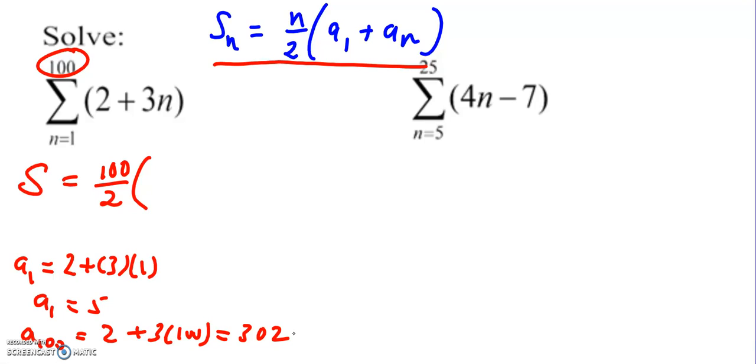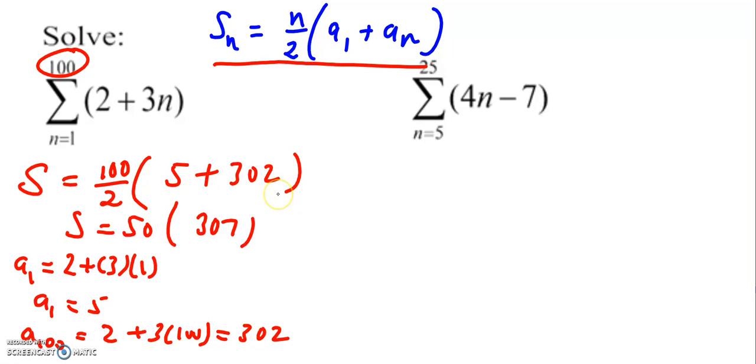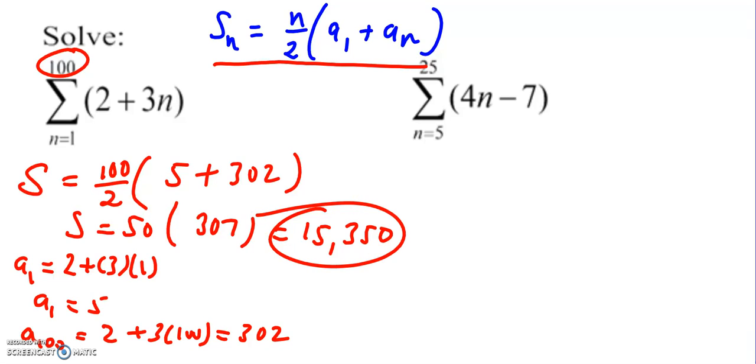And so to find the sum, what we would do is 100 divided by 2, a sub 1 is 5, a sub n is 302. So the sum would be 50, if you reduce, times 307, and 50 times 307 is 15,350. So this would be my sum much more quickly than doing it the long way.